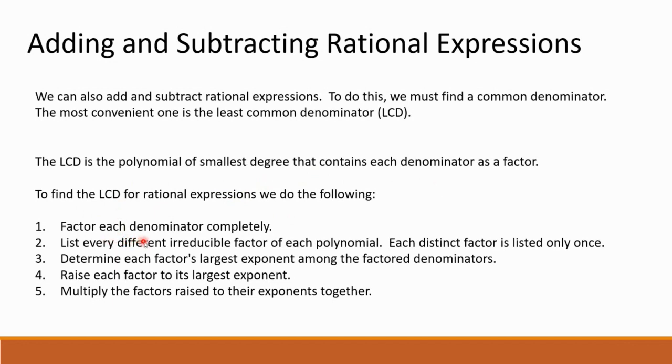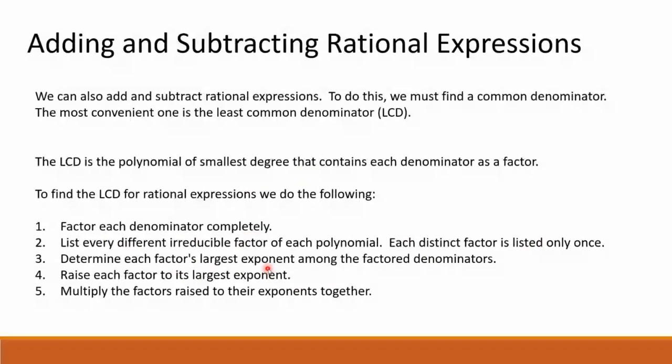You're going to list each of the irreducible factors, the different ones. You're going to list each one only once. Sometimes they could be repeated. That is, sometimes you can have the same factor in two denominators. You only have to list it once. You'll see what I mean when we do examples. And they may be raised to powers, exponents.